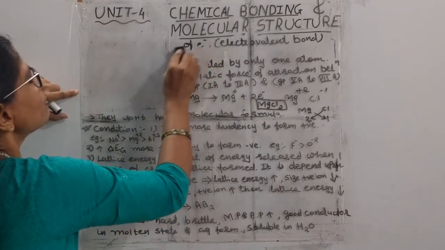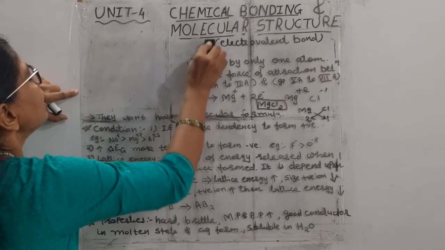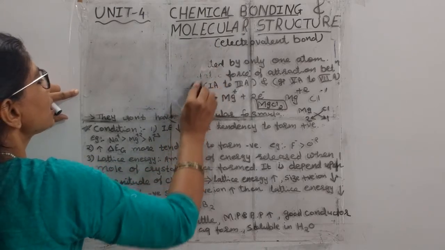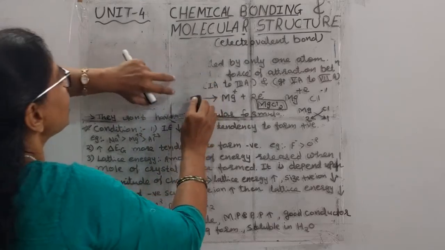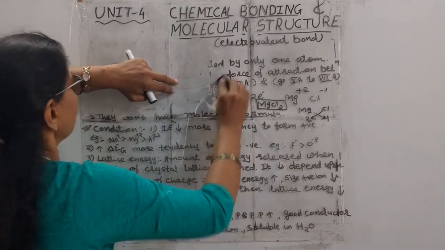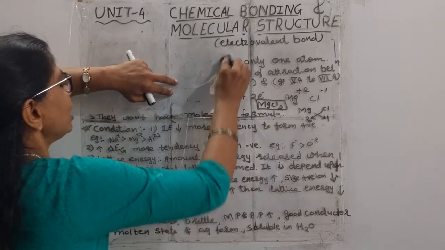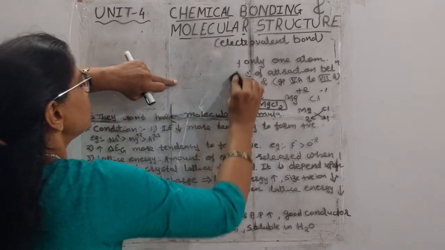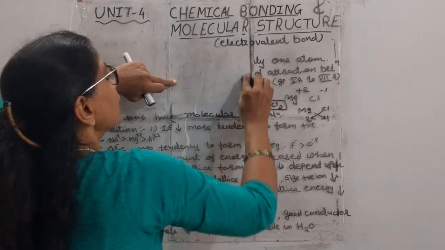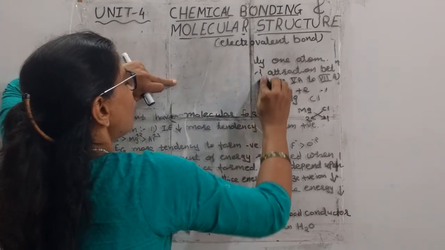No, because magnesium does not require the electron. So the first condition is ionization enthalpy. What is ionization enthalpy? Ionization enthalpy means, students, the cation formation.